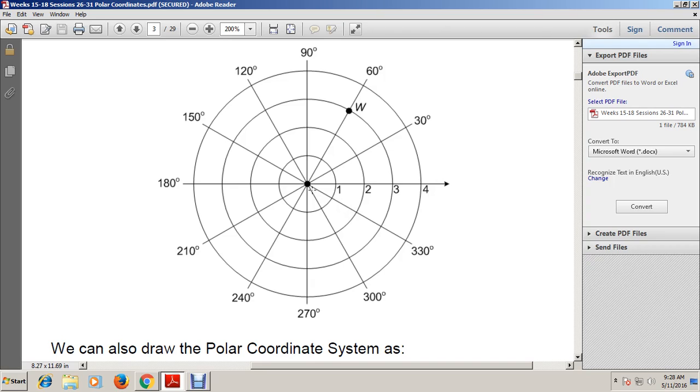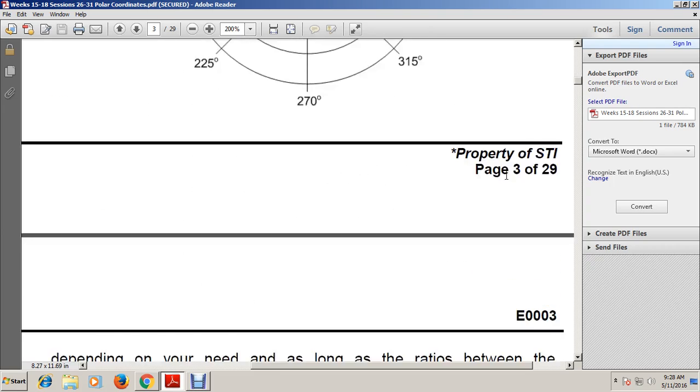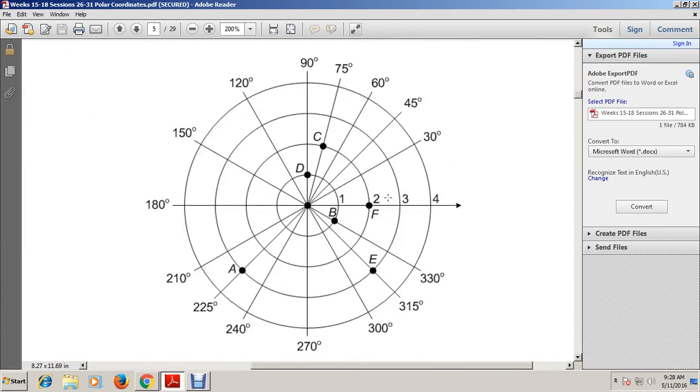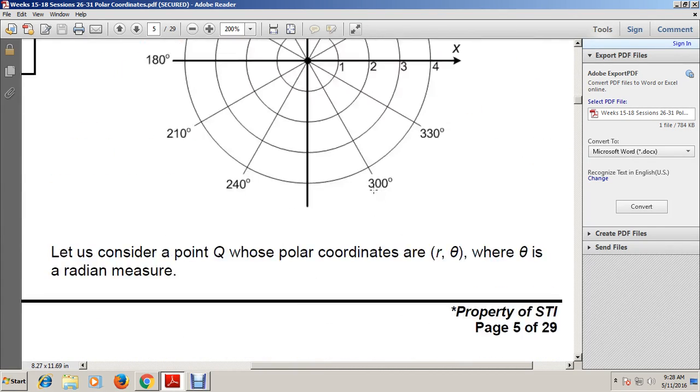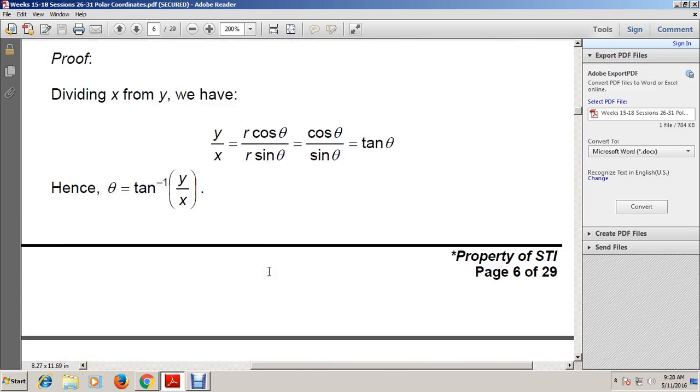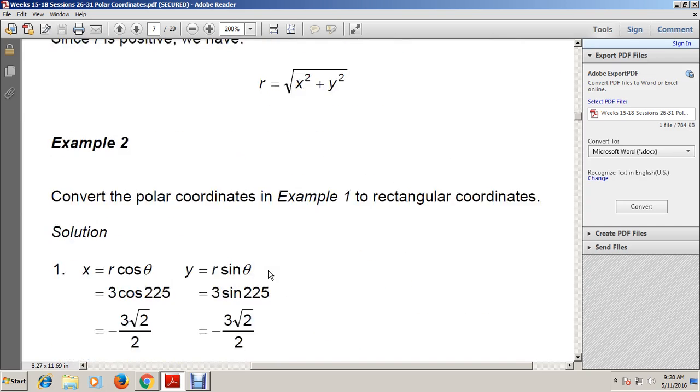Now, if we form our right triangle, it has the shorter leg on the y-axis and the longer leg on the x-axis. So if we compute the value of sine and cosine in exact form, remember in your trigonometry that cosine 30 degrees is equal to square root of 3 over 2, while sine 30 degrees is equal to 1/2.